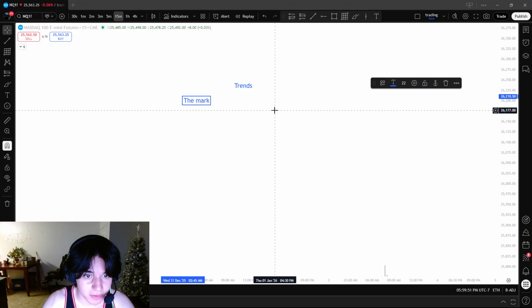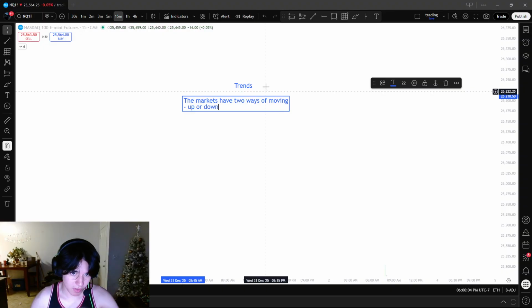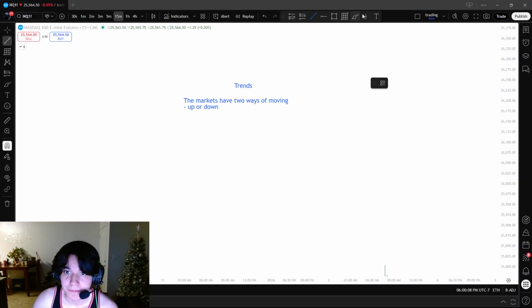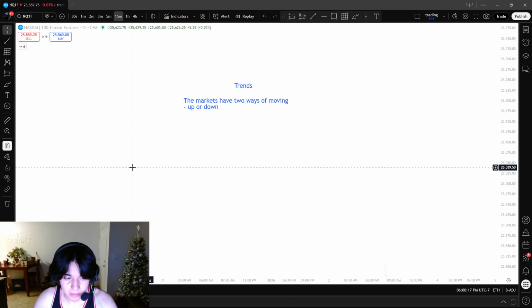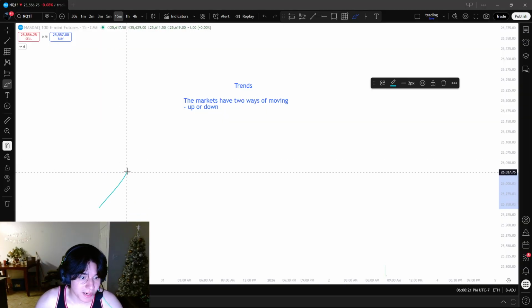The markets have two ways of moving: up or down. You don't have to write this exactly, you can write it more neatly, but this is pretty much what I'm explaining. So, for example, the way we know it's a trend is if we are making higher highs.